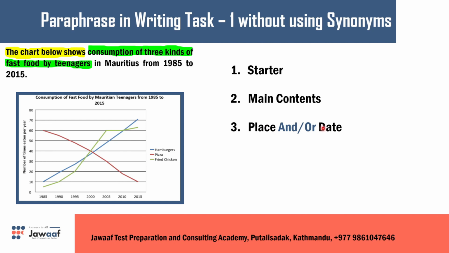Sometimes you may not have a date, but most of the time you find a date in line graph questions. So here we have place and date: Mauritius, 1985-2015. So while writing an introduction of writing task 1, you need to paraphrase this question, and after that you need to mention the unit, right?